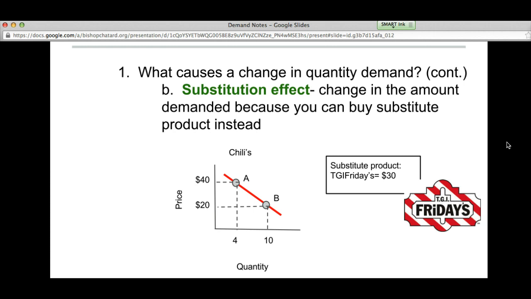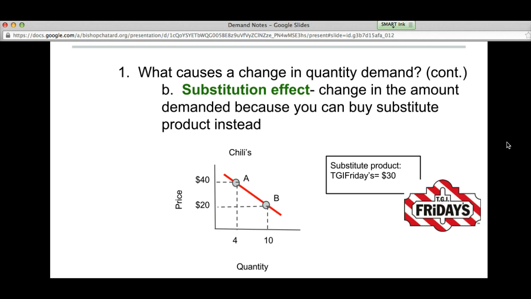But let's say that the price of Fridays is $30. The price of Fridays is $30, and we're not changing the price of Fridays. If we know the price of Fridays is frozen at $30, why do we not like point A? It's more than $30, more than Fridays, right?